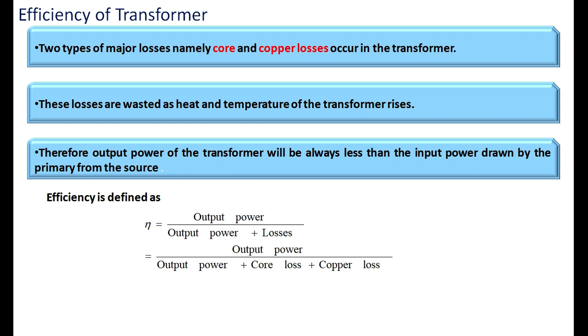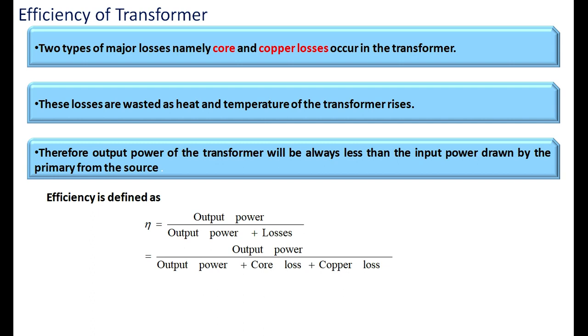Then the efficiency of the transformer. We know that the efficiency of the transformer is defined as the ratio of the output power to the input power, or in other words, the output power divided by the input, which can be expressed as output plus two losses. One is the core loss, the other one is the copper loss.